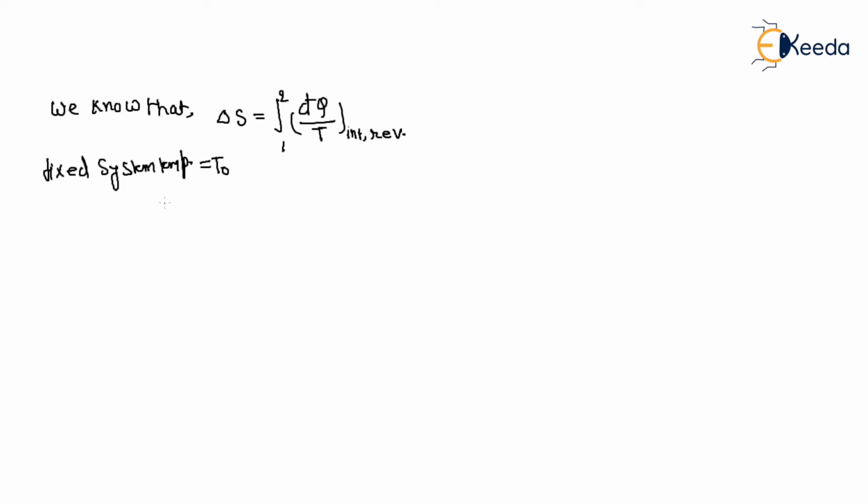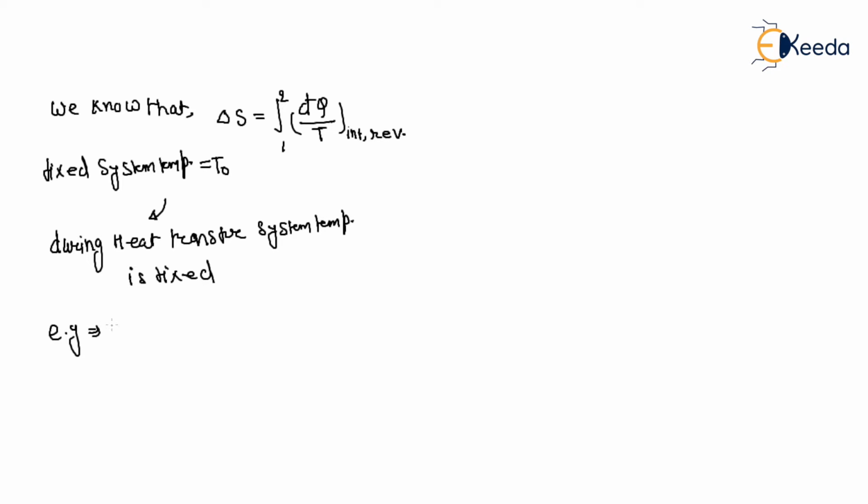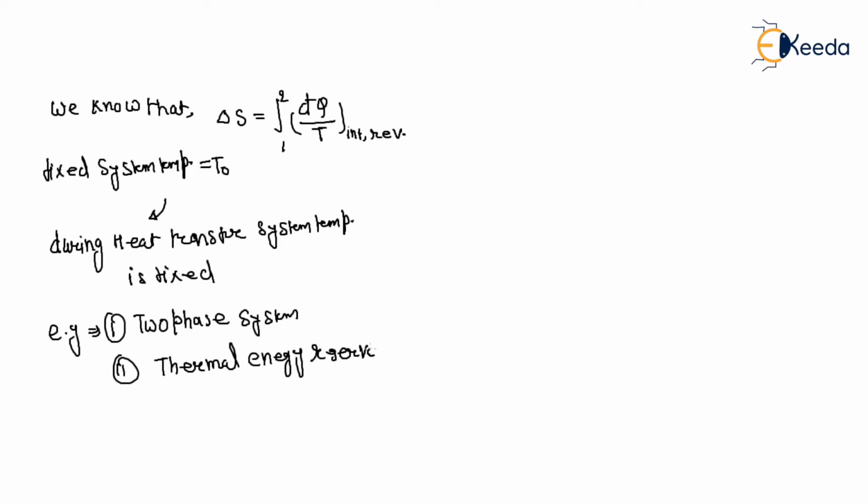That means during heat transfer the system temperature is fixed. What is the example? Number one, a two-phase system. Number two, a thermal energy reservoir, right? In both cases the system temperature is fixed, and both are internally reversible.